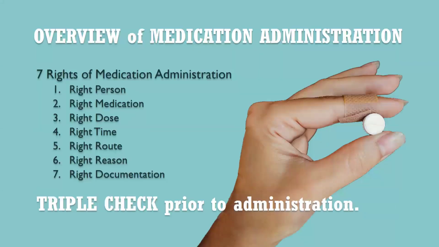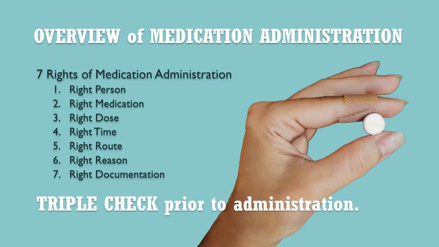And here's just a quick overview of medication administration in general. You're going to want to follow the 7 rights of medication administration with your PRNs, the same as you would your standard medications. First, you want to ensure you have the right person. This can be asking the client to tell you their name and date of birth and verify that against the medication administration record, or MAR.